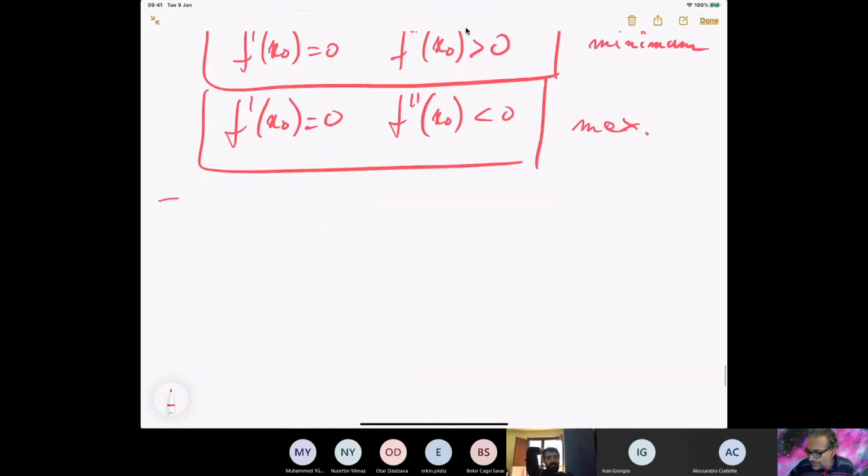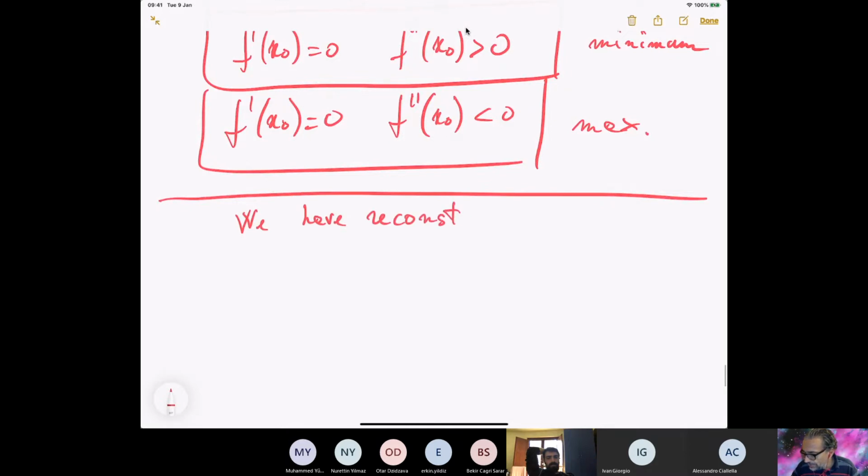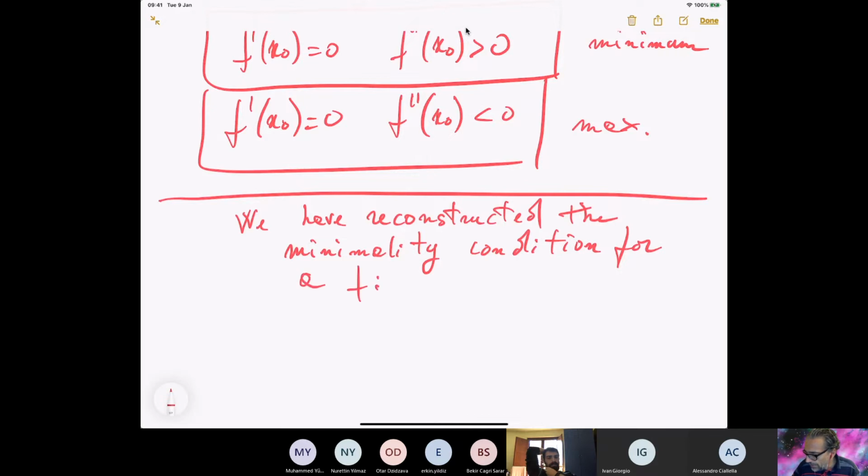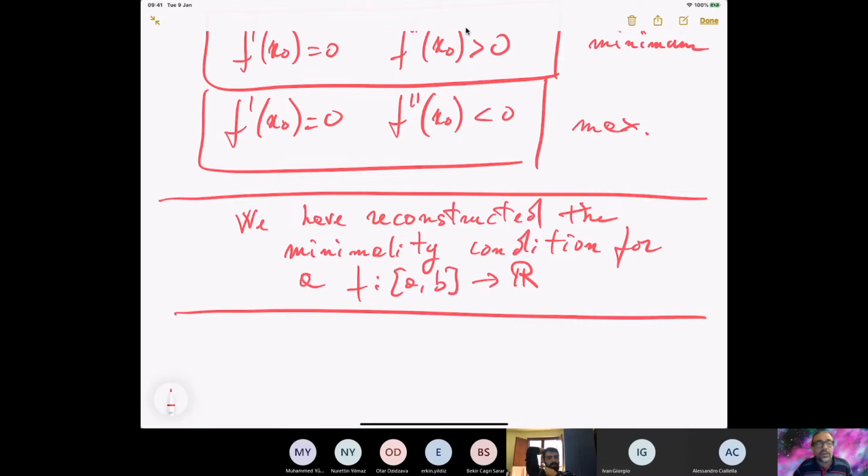So we have reconstructed the minimality condition for a function defined in an interval having values in the set of real numbers. Okay.